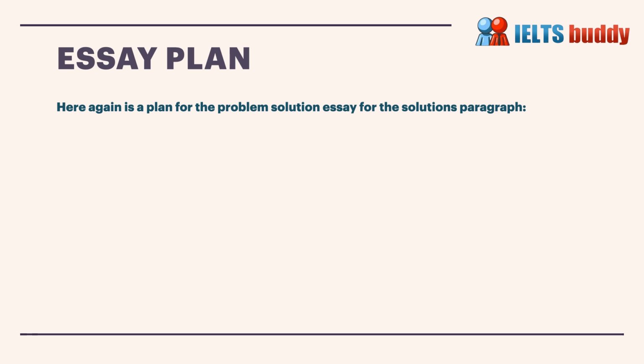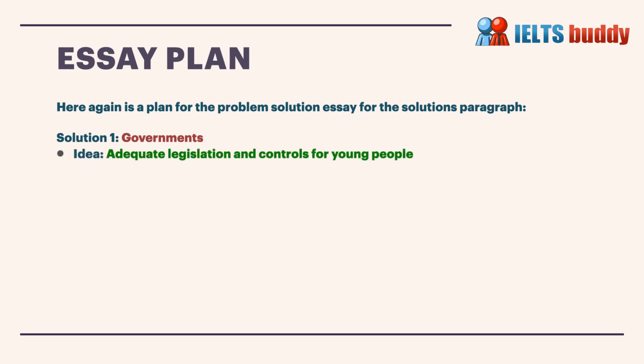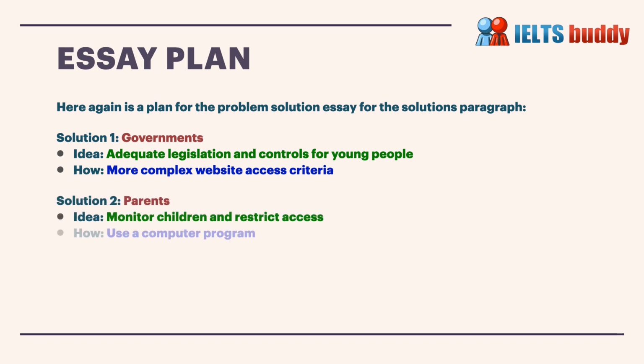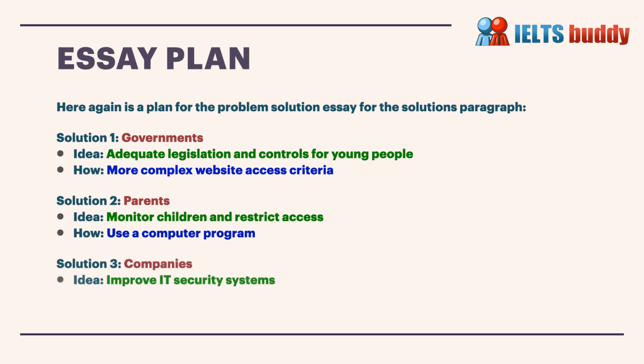You've got solution, what governments should do: adequate legislation and controls, more complex website access criteria. What parents should do: the idea and how this would be done. And companies: again, what the idea is, improve IT security, and how this could be done, review the current systems.